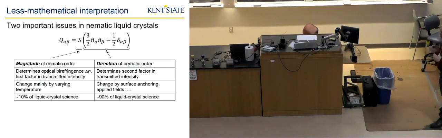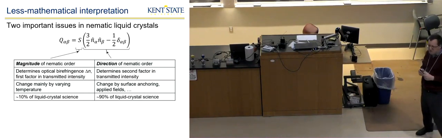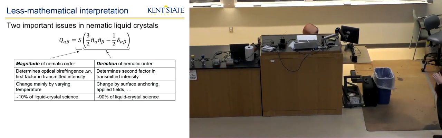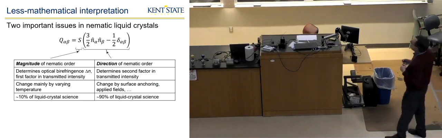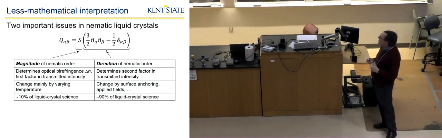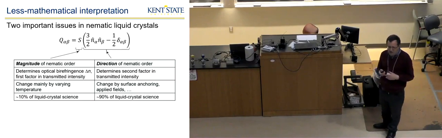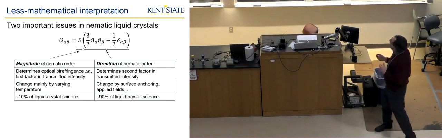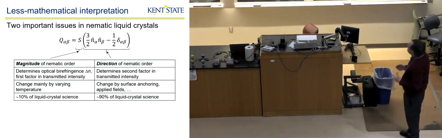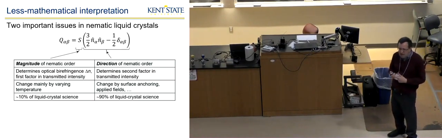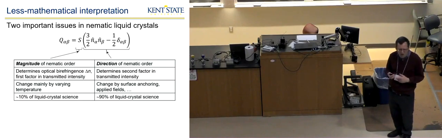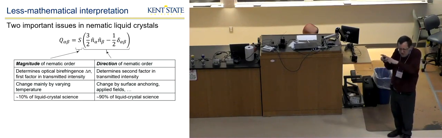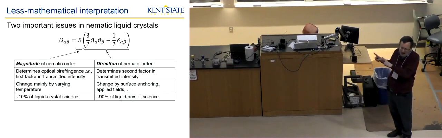I can also give you a less mathematical version of this story, maybe some of you will like that better. The less mathematical version is to say there are two important issues in nematic liquid crystals. One issue is the magnitude of the nematic order: how well are the molecules aligned with each other along some spontaneously chosen axis.